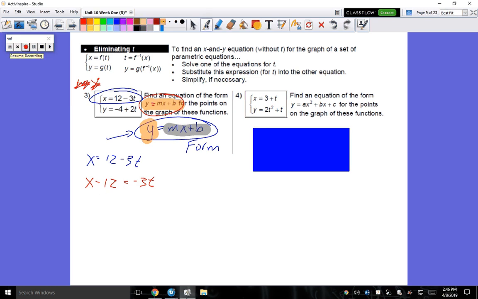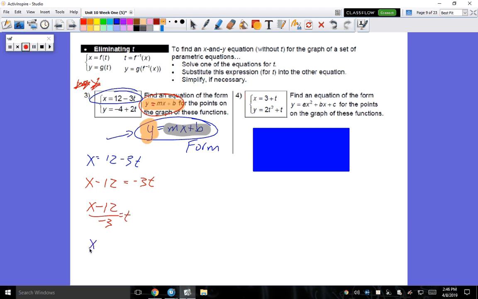Alright, so we're going to solve for t from the x parametric function. So if I divide by negative 3, the one thing that I'll say, if you do struggle in this unit, which I don't think a lot of you will, in my opinion, it's because of the algebra 2 skills probably. Okay? Now watch.